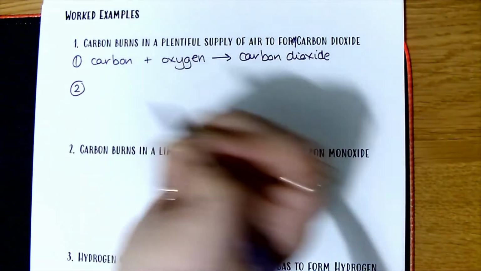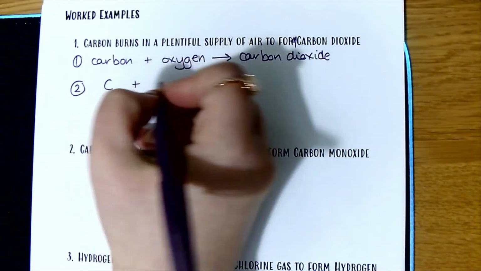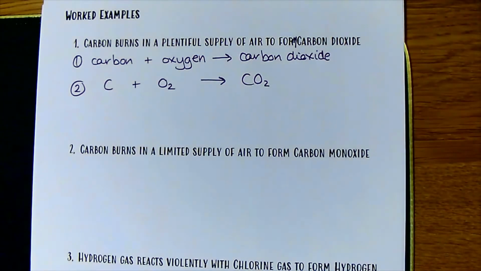Step 2, write your formula equation. Carbon plus oxygen gives you carbon dioxide. If you are struggling with how to work out the formula for any of these compounds, then make sure you go back and watch my previous videos on writing formula.